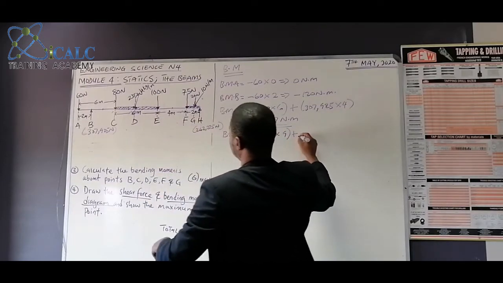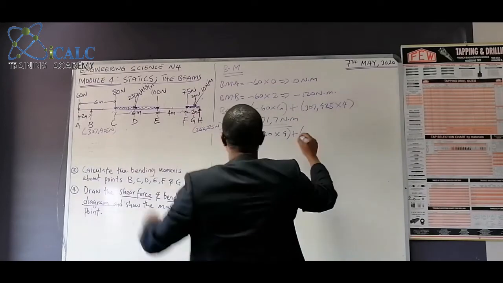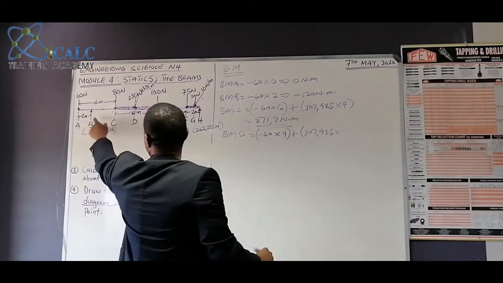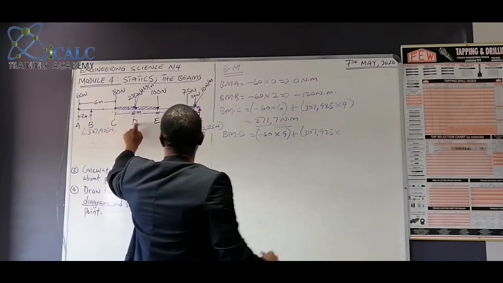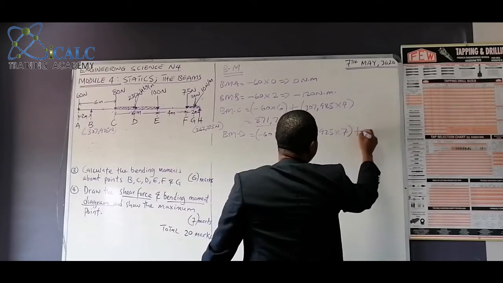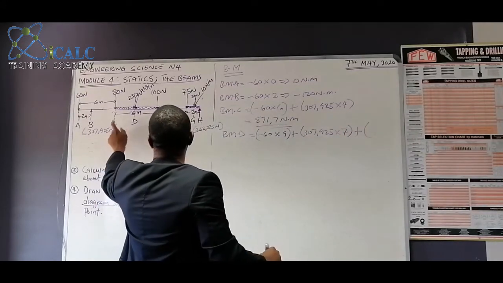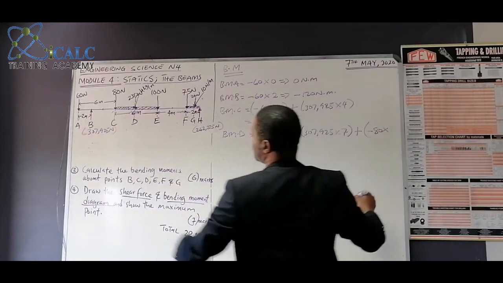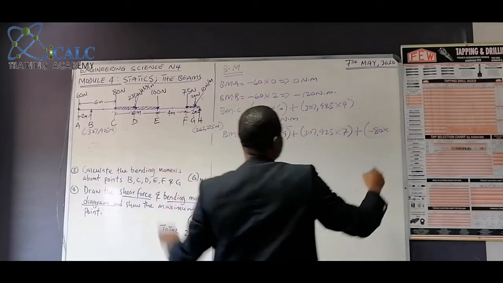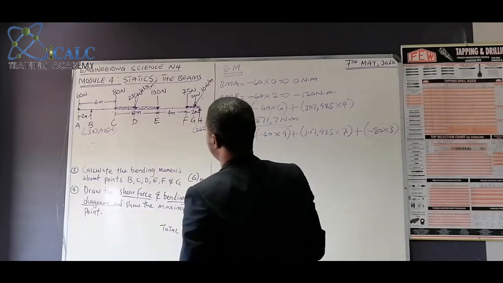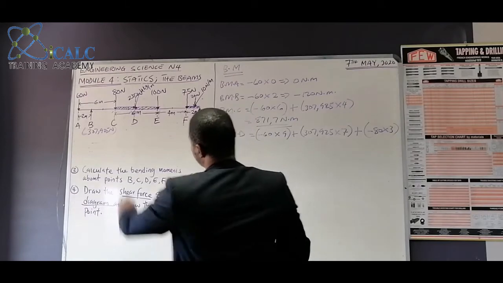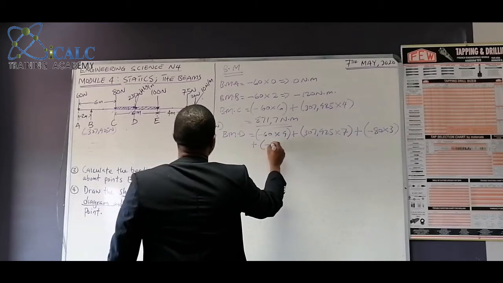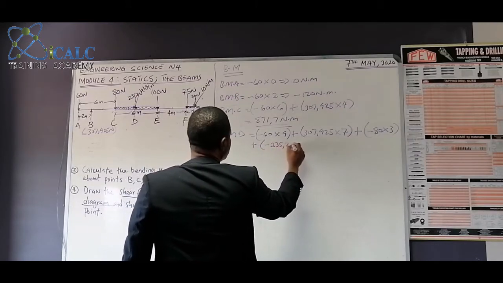Plus, we have B there, 307.925 multiplied by, from here to here is 4, to here is 7, plus, we have 80, we're going to say minus 80 multiplied by, to D is 3. But we are not done. We have a UD here. So we're going to say plus minus 235.2.